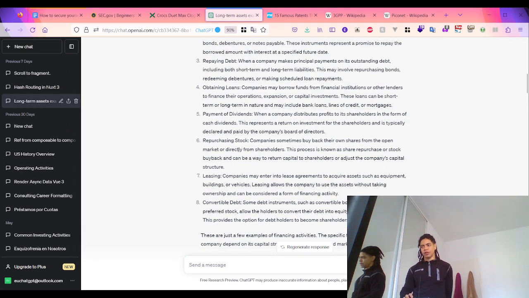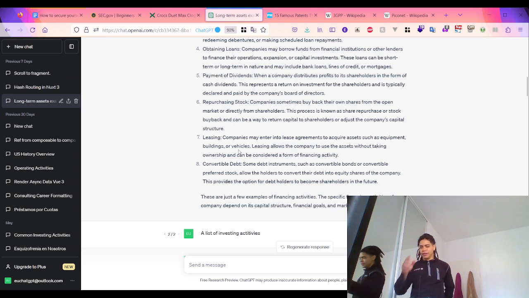In convertible debt. Once I look at this, understand that according to Investopedia, the whole point of the financing activity section in the cash flow statement is to see how a company raises funds from investors and pays through capital markets.